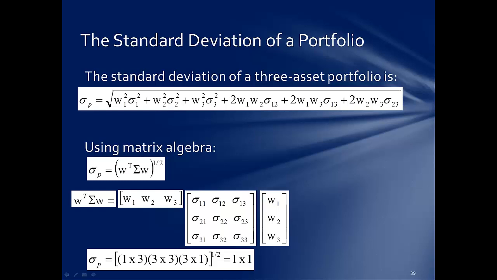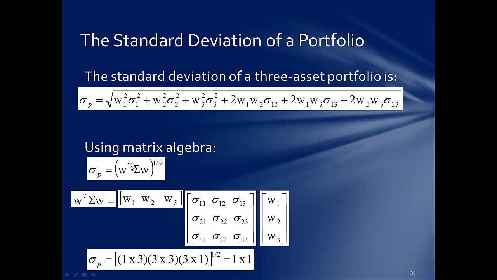The standard deviation of a 3-asset portfolio, as we defined earlier, is represented mathematically right here. So we want to see if matrix algebra can get us to land at this formula and hopefully get us there a lot more quickly. Well, it turns out that we can actually obtain this exact formula using matrix algebra if we simply do this.